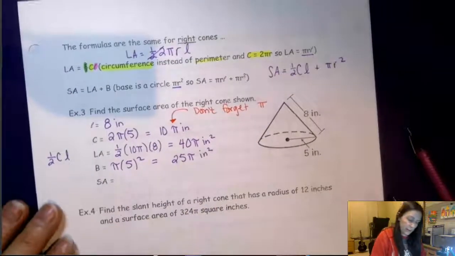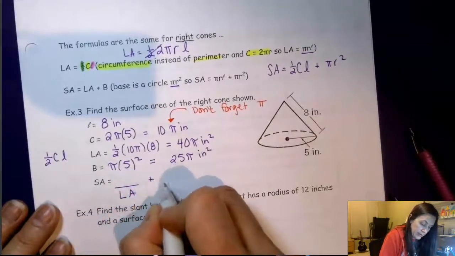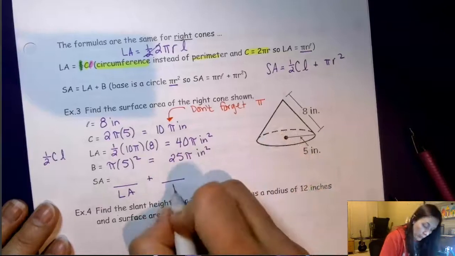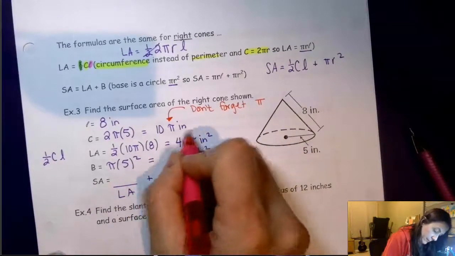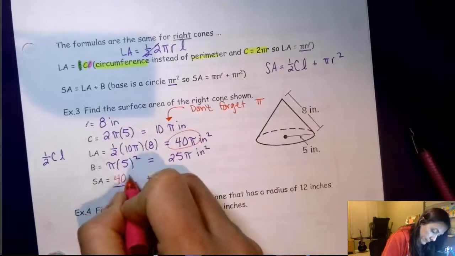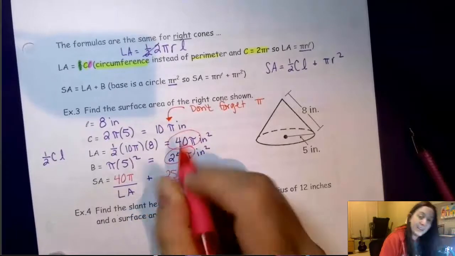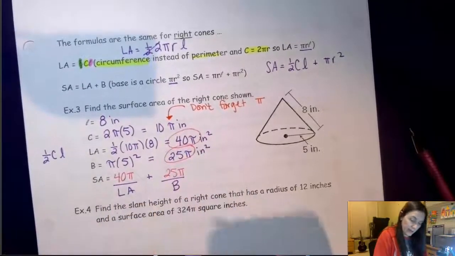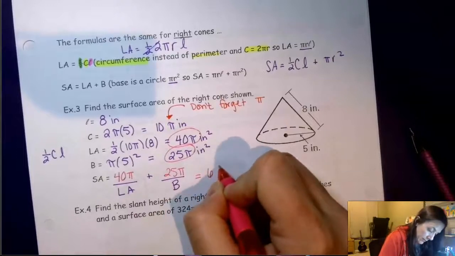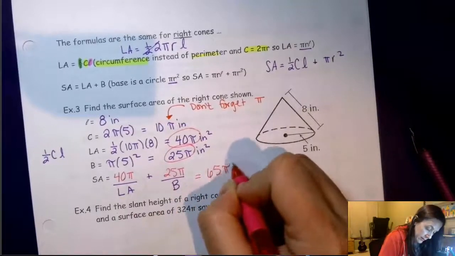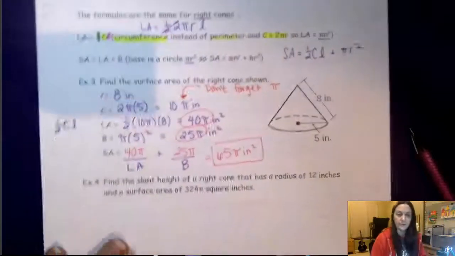So my surface area, again, remember, is my lateral area plus, when I have a cone, I have 1 base, not 2. So I get 40 pi plus 25 pi. It's nice when they are like terms because we can combine them, and I end up with 65 pi inches squared. There we go.